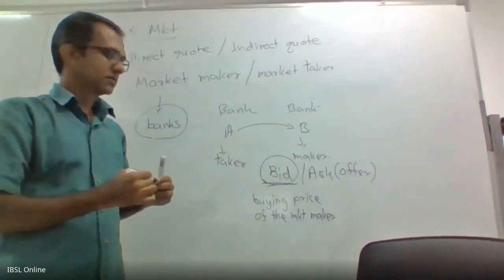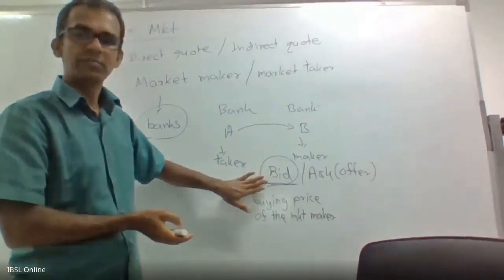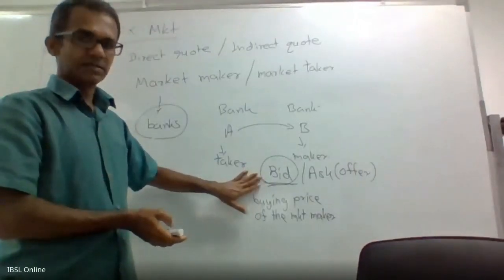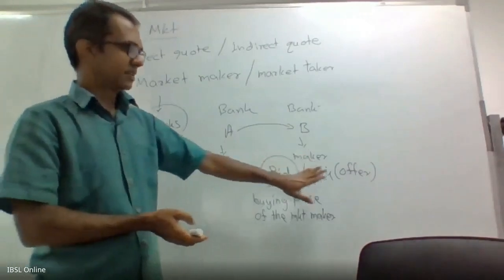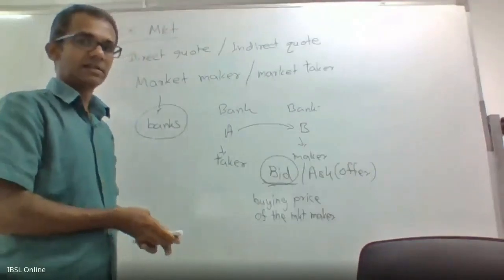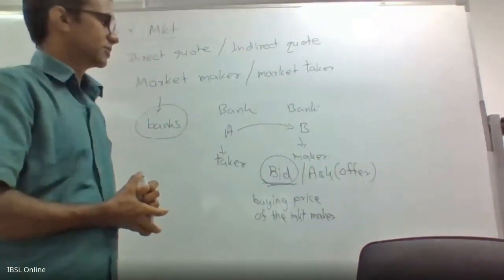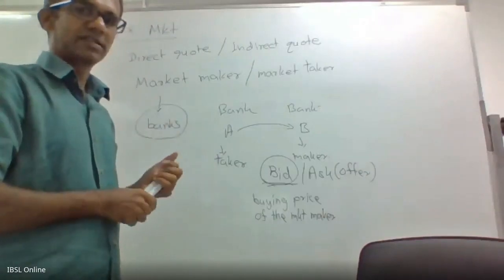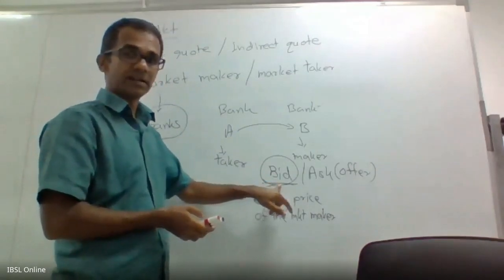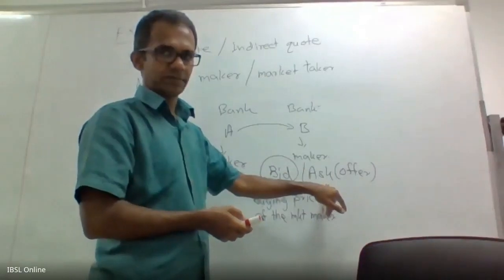The market maker will buy the base currency at the bid price. And the ask, again, the market maker will sell the base currency at the ask price. So then for the market taker, it's the other way around. Bid is the market taker's selling price, ask is the market taker's buying price.